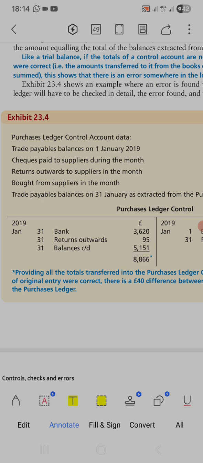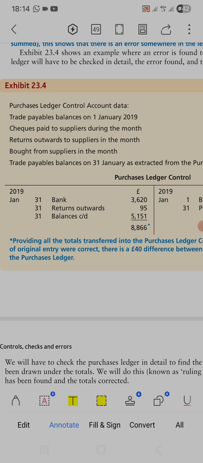Right, as you can see there on the debit side, we are having bank, basically we're saying these are payments to suppliers. Then we also have returns outwards, or maybe purchase returns. We also have discounts received on the debit side. We also have contra entry on the debit side.